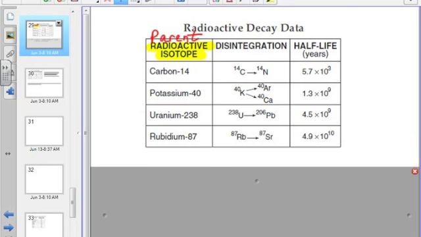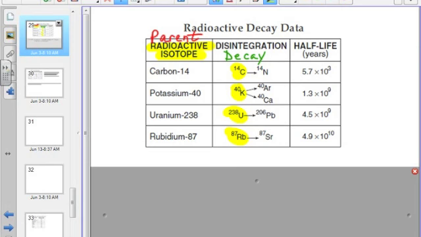Well, that too is given to us in this chart, but now in the center section. The center section that's labeled disintegration, or I like to remember, that is the decay in radioactive decay, because it simply means the change. And we see on the left-hand side, in each of these sections, our carbon-14, potassium-40, uranium-238, rubidium-87.